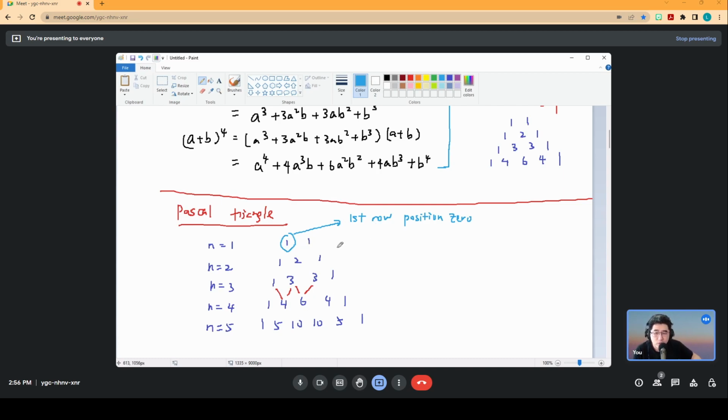That also means this 3 here is third row, position 2. So 0, 1, 2. And therefore, this 1 here is fifth row, position 5. So this is how we read the form.